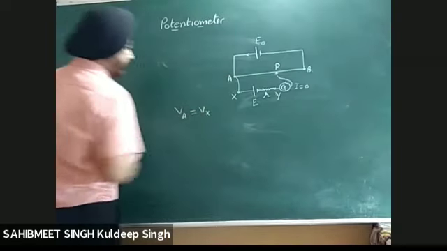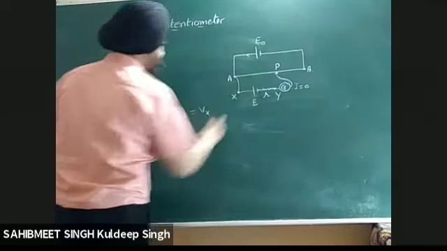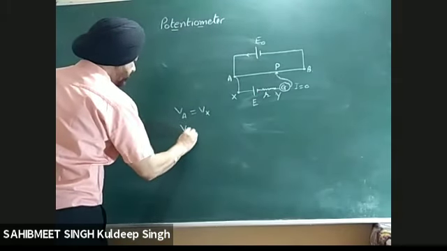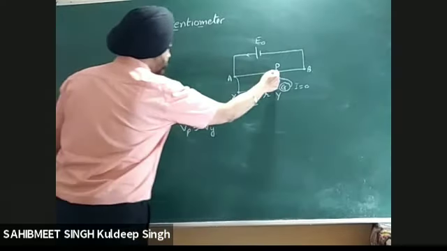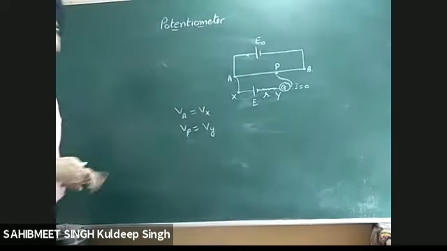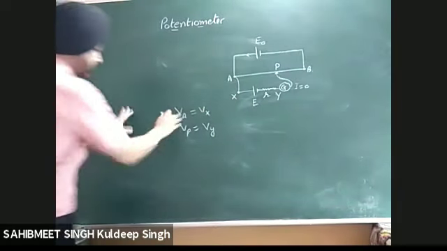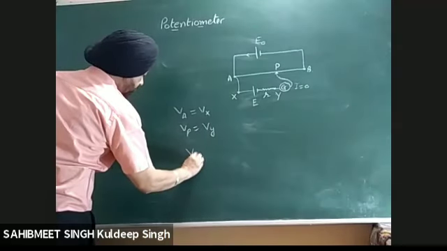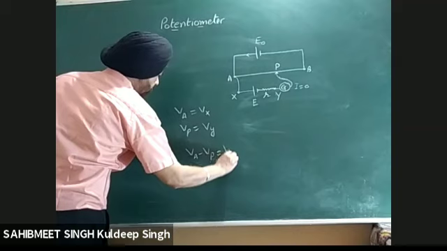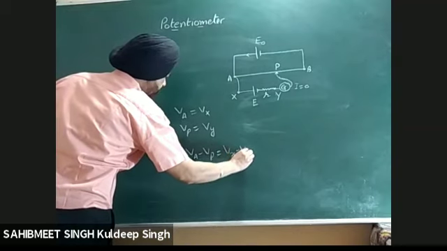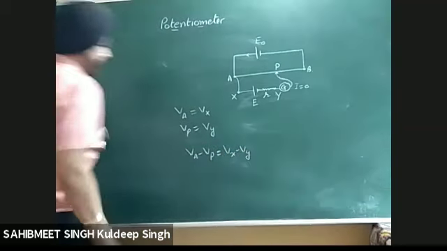Similarly, here I will say Vp is equal to Vy. So here the potential is also the same because the current is zero. Now if I subtract the two, then I will get Va minus Vp equal to Vx minus Vy.